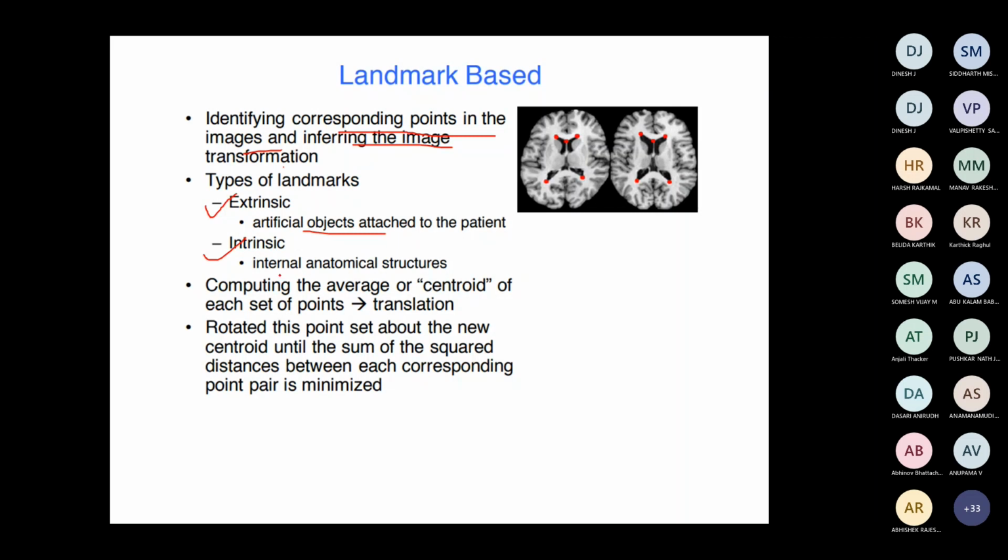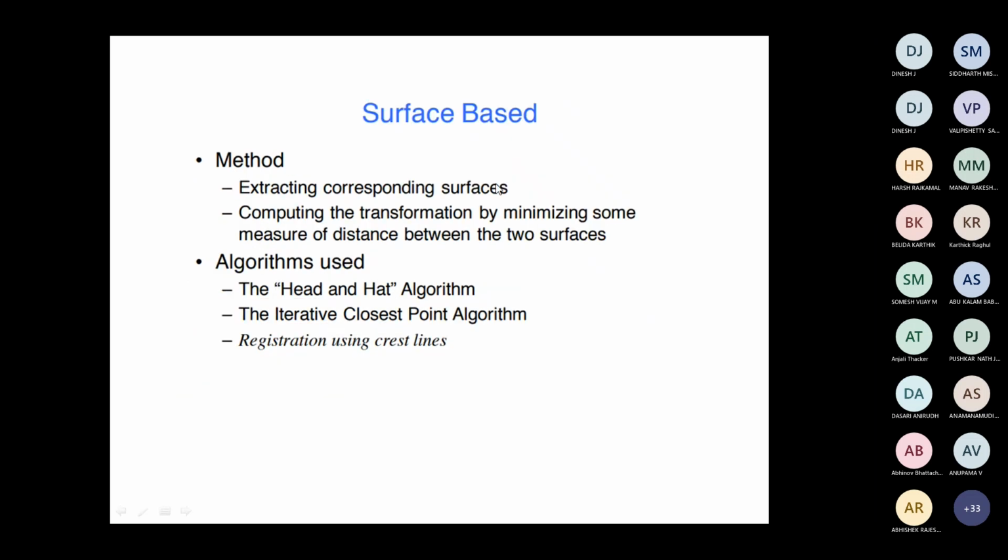If it is intrinsic, it is internal anatomical structures of the patient. And we have to compute the average or centroid of each set of points so that we can identify the translation. And then we have to rotate the point set about the new centroid until the sum of the square distances between each corresponding point pair is minimized.